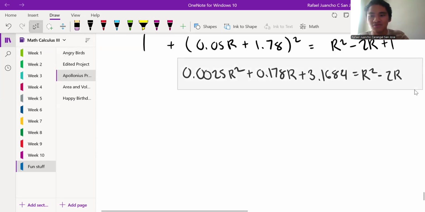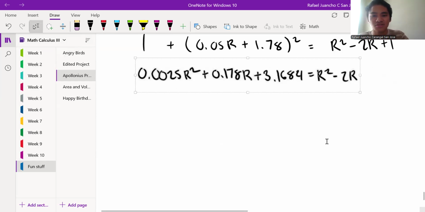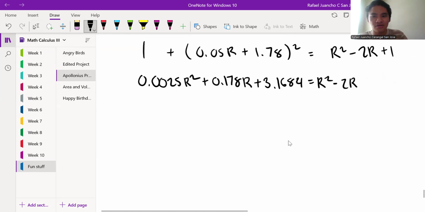Okay. Then from here, we have this. And then now I can just subtract. What else can I do? I'm trying to think. Yeah, I would just do a quad formula here. Like, it doesn't, yeah, I mean, just a quad formula. So this is 0.0025 r squared minus r squared.